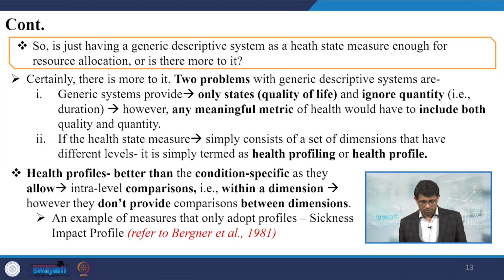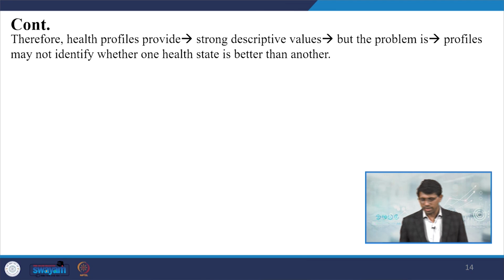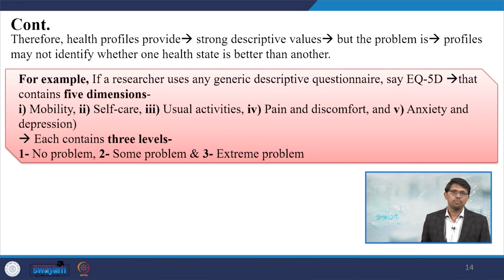The example for this would be the sickness impact profile, for which you can refer to the paper of Bogner et al. 1985. Therefore, health profiles provide strong descriptive values, but the problem is profiles may not identify whether one health state is better than another. We are citing an example here.